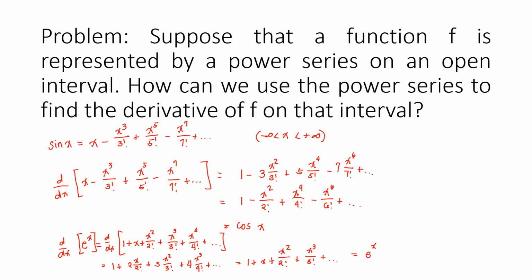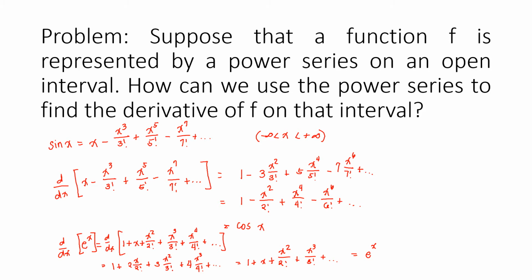So the preceding computations suggest that if a function f is represented by a power series on an open interval, then the power series representation of the first derivative of f on that interval can be obtained by differentiating the power series for the function f term by term.